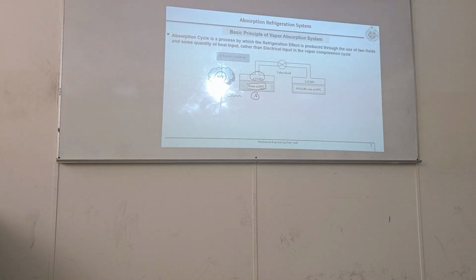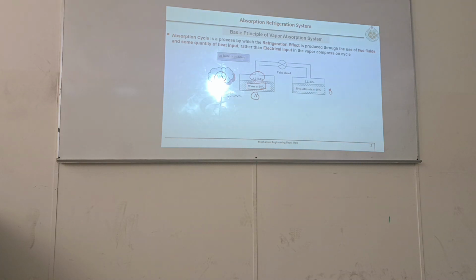So due to this evaporation of water, the vapor pressure of water vapor here is 4.24 kilopascal, as we can see from the steam tables. So in this vessel we have liquid water, and in the space above the water there is vapor, with a vapor pressure of 4.24 kilopascal. Clear? Next, we have another vessel, vessel B.